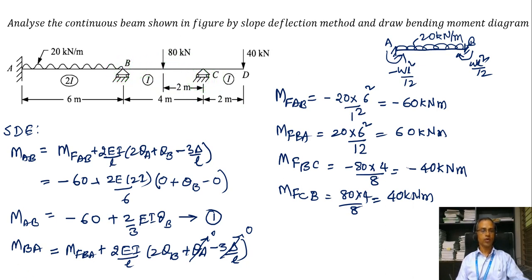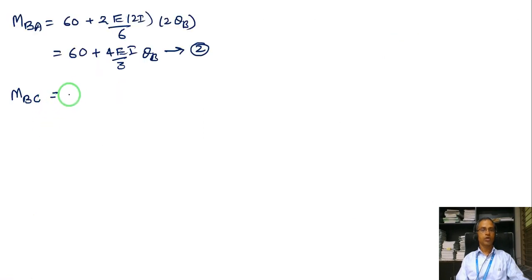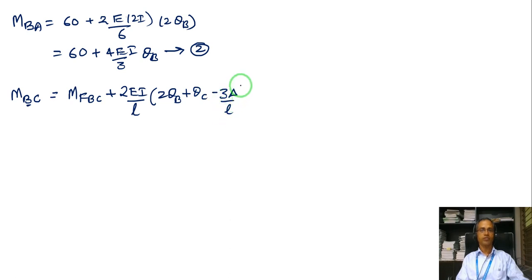So therefore, MFBC plus 2EI by L into 2 theta B, the first quantity here, twice the rotation, plus theta C minus 3 delta by L. So we know this delta is 0.